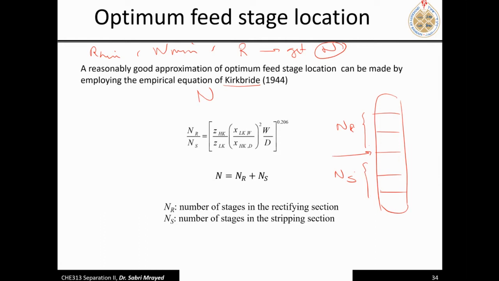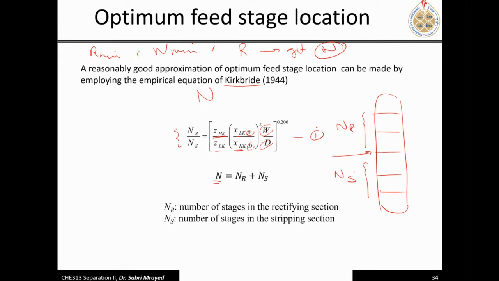And as you see here, it's based on the flow rate of W and D and the composition of the feed of the heavy component and the light component, and also the composition of the light component in the bottom product, the composition of the heavy component in the distillate product, and then you can have this ratio between the number of stages in the rectifying section and the number of stages in the stripping section, and this is equation 1.